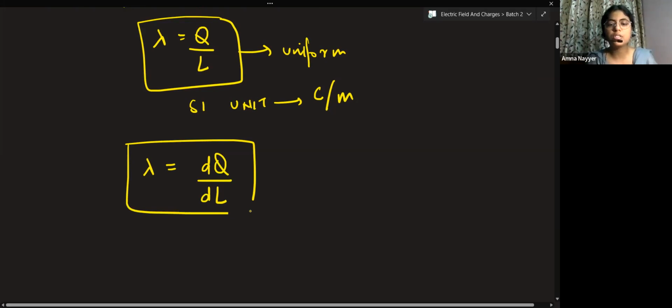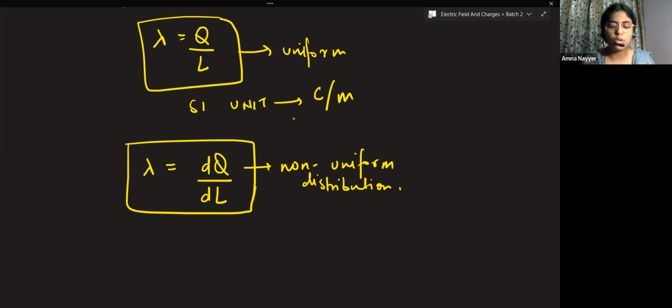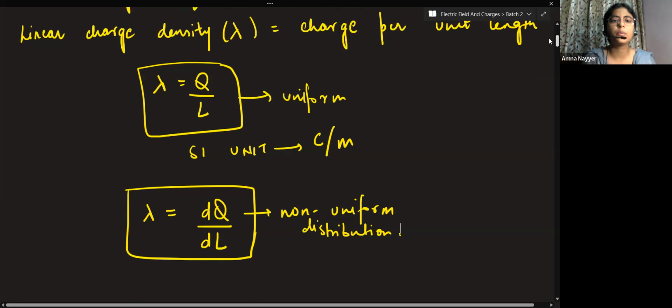You use dq over dl when you have non-uniform distribution. If you have uniform distribution, then you can simply use lambda is equal to q by l. Firstly, note these points, then we'll do a question on this.